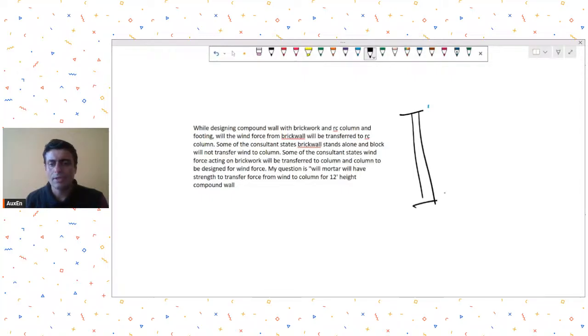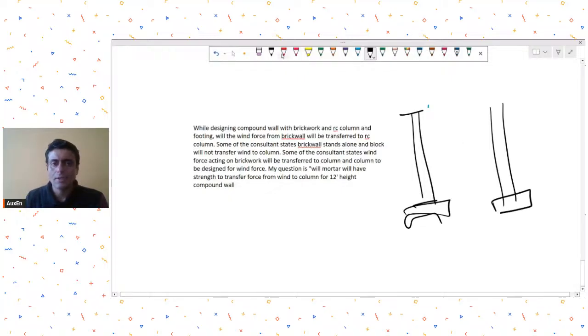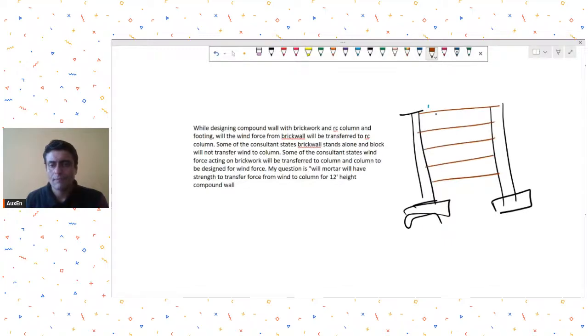I'm trying to draw an elevation, and these will have footings, and then this is the brickwork. Some of the consultants state brick wall stands alone, and block will not transfer wind to column.